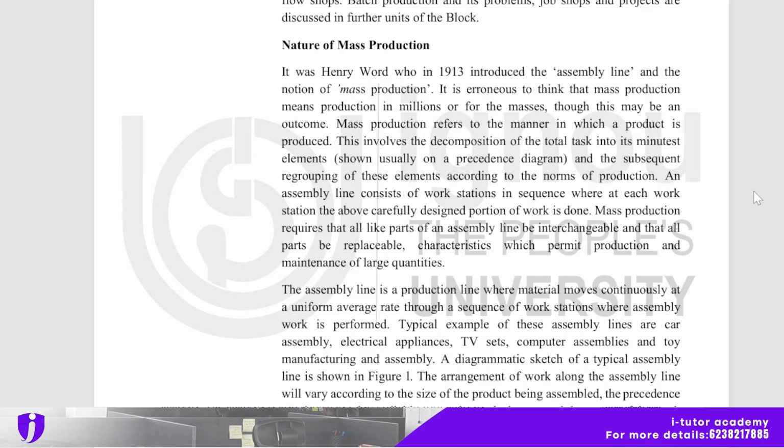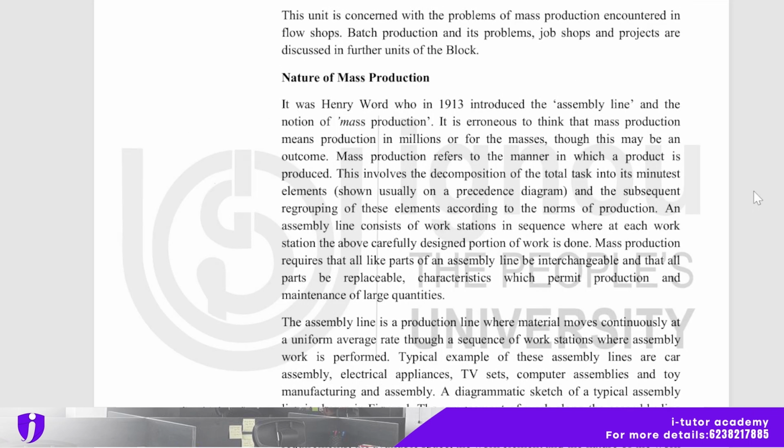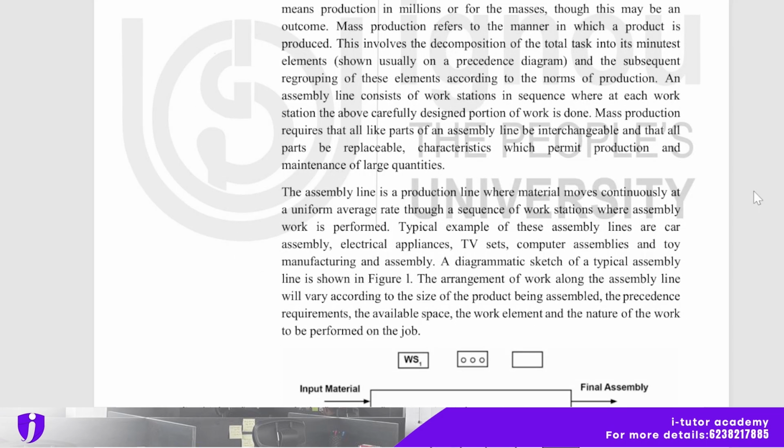Mass production refers to the manner in which a product is produced. This involves the decomposition of the total task into its minutest elements, shown usually on a precedence diagram, and the subsequent regrouping of these elements according to the norms of production.